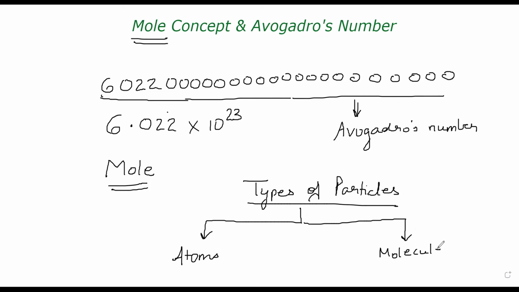And these atoms and molecules are so small that they are not visible to the naked eye. If I want to see two atoms of oxygen, I will not be able to see that. If I want to see two molecules of water with the naked eye, I definitely will not be able to see that.